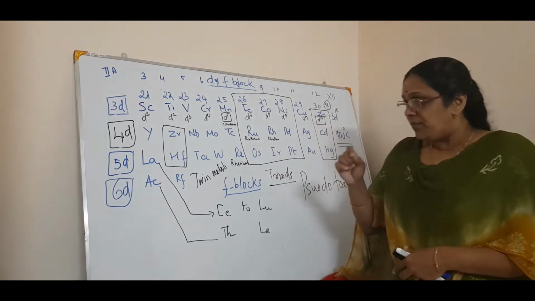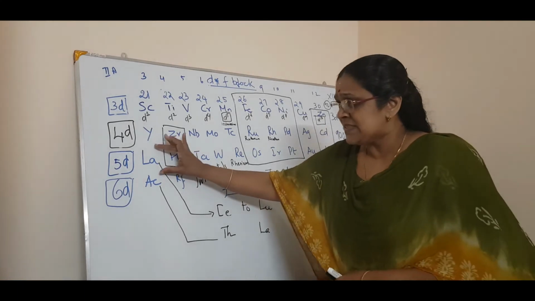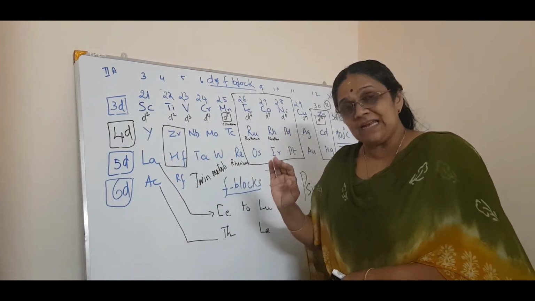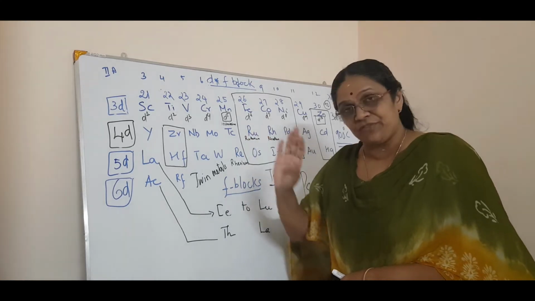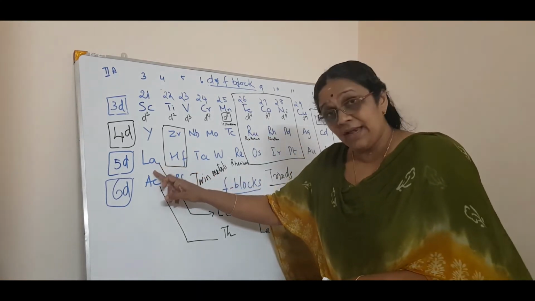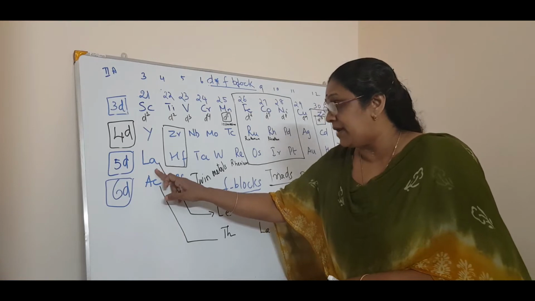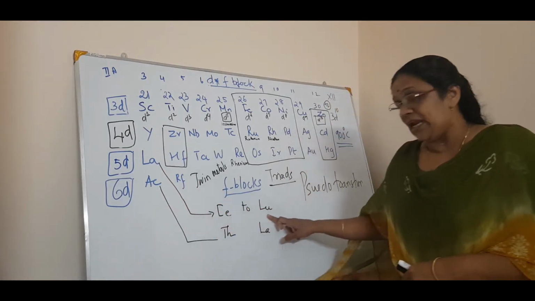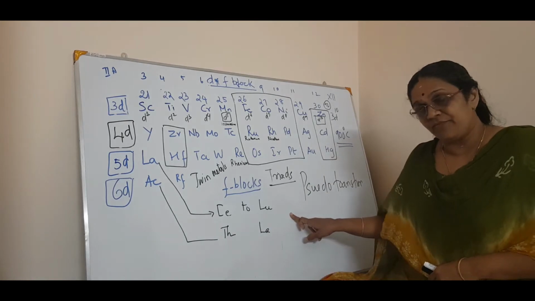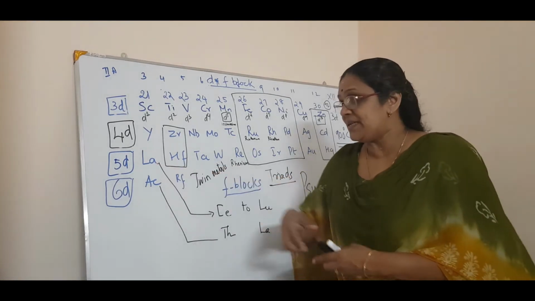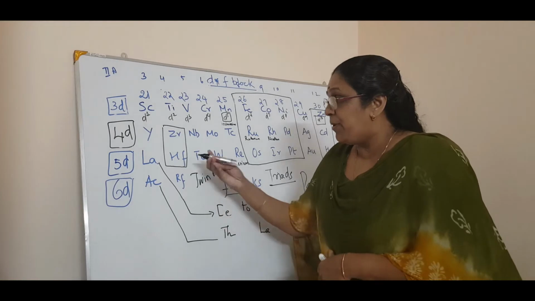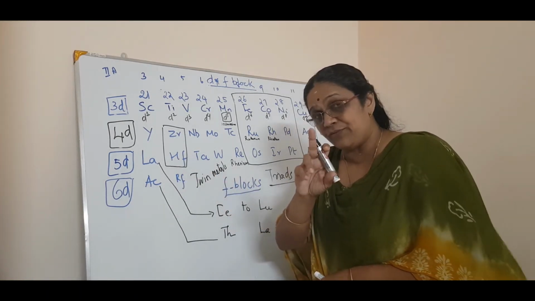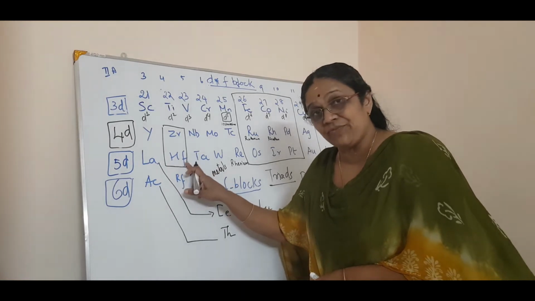Now, one more thing I want to tell you. In the 5d, 5d means the electrons are getting into the d orbitals in the fifth shell. Now lanthanum, after this lanthanum, again 14 elements come. From lanthanum, what happens is 5d. Before filling the 5d of hafnium, listen carefully, this is hafnium, Hf.